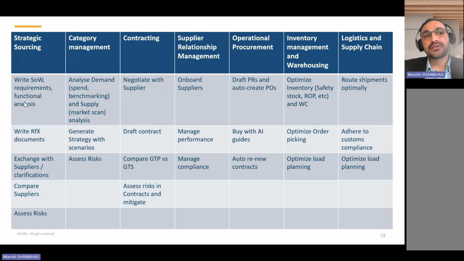This could also be useful for some of your internal stakeholders who are going to provide you some of these requirements. Then for yourself, it could be writing the RFX documents. Take the help of AI to write the RFX, so it could be a request for proposal. Let's say you give some inputs and the AI can spew out documentation that can help you optimize and improve your performance by saving a lot of time.